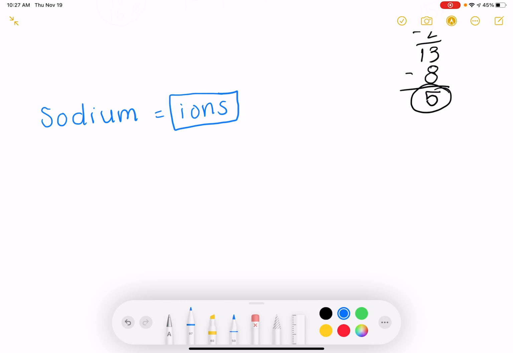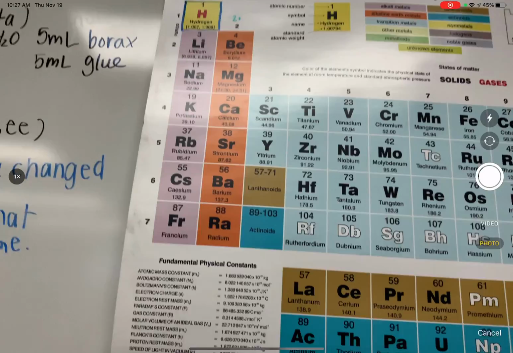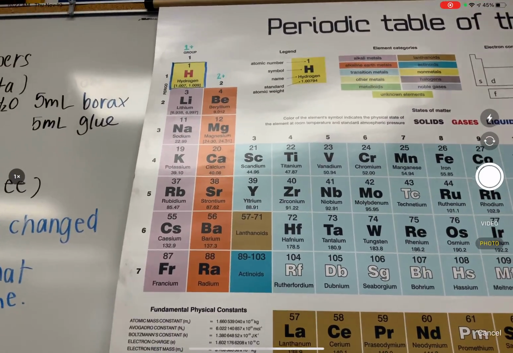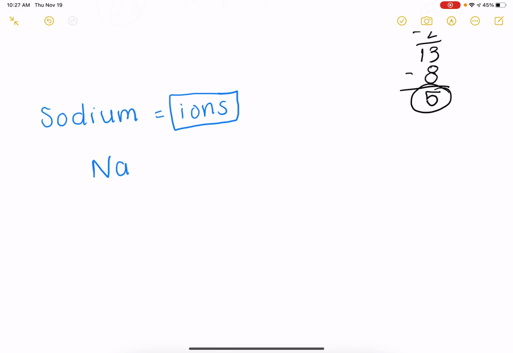So for sodium, the symbol of it is Na. And if we look in our periodic table at Na, we see it's in that very first row, and that very first row has a +1 charge. So sodium, it actually said it in the question as well, has a 1+ charge.